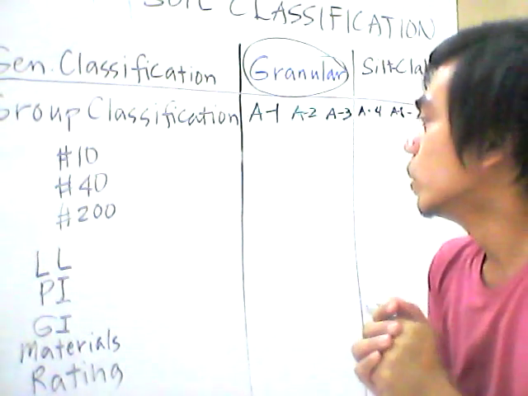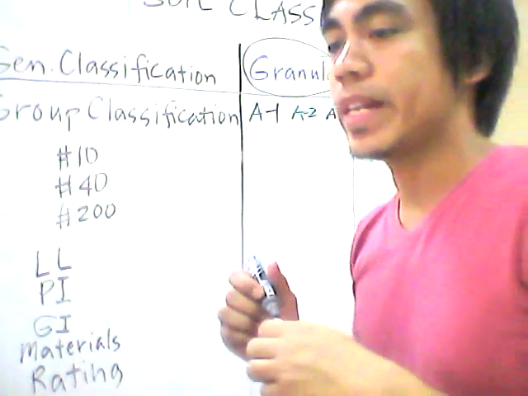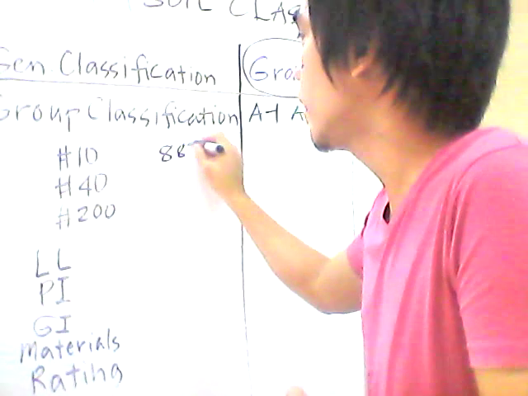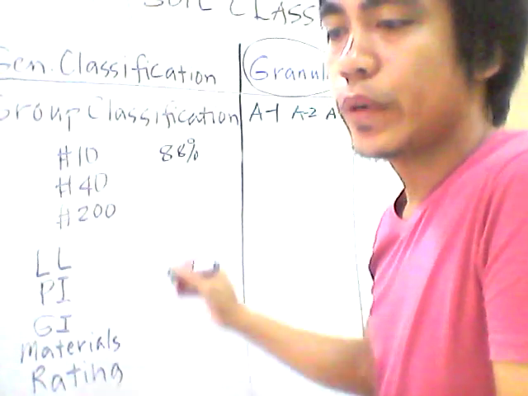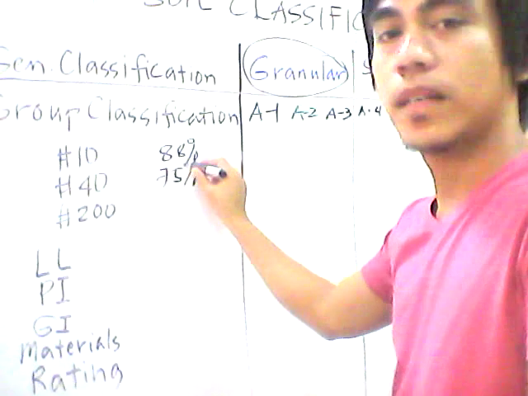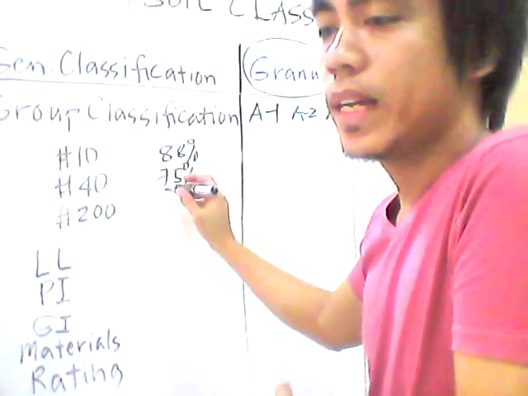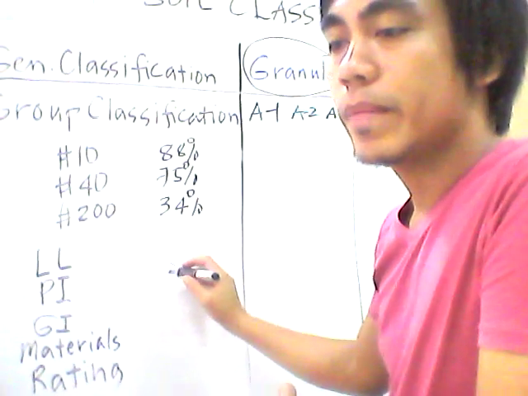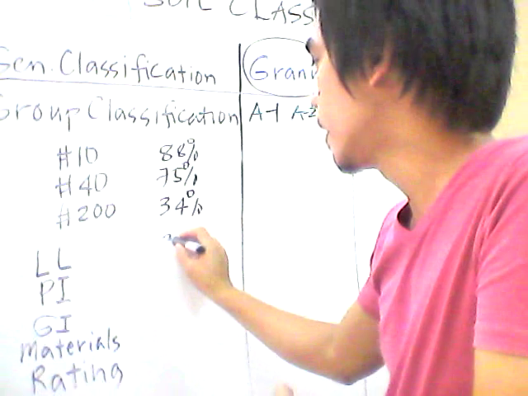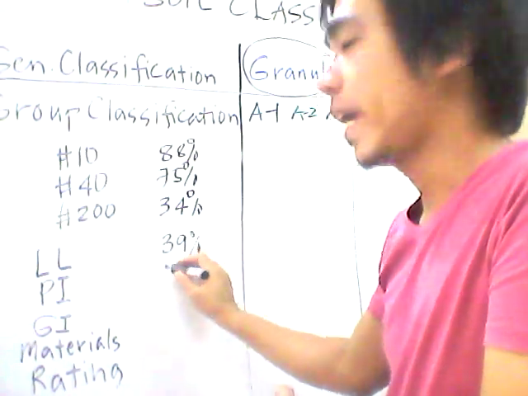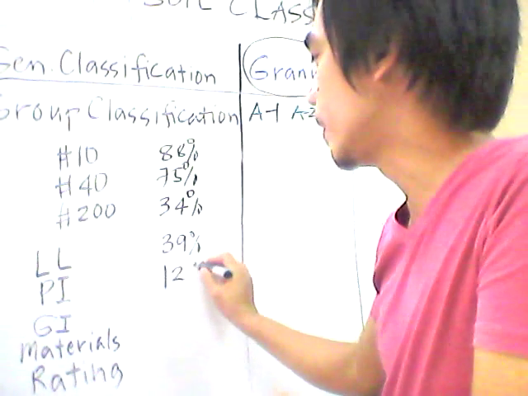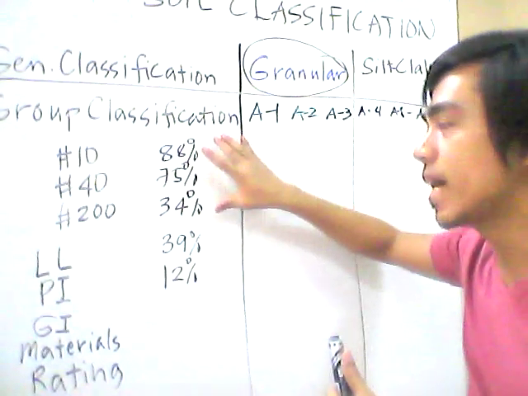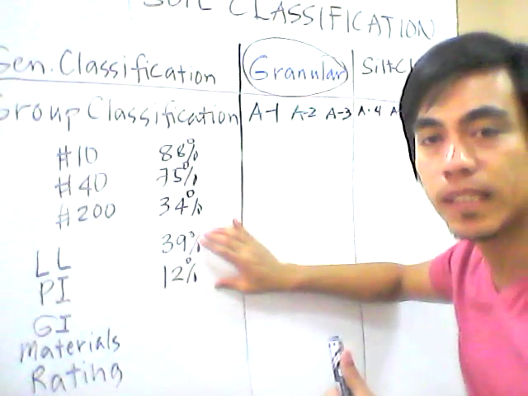Let's say we have the given data: for number 10 we have 88%, number 40 let's have 75%, and number 200 let's say 34%. We have the liquid limit as 39 and plasticity index of 12%. So we have this data, sieve analysis data, and then the Atterberg limit test data.